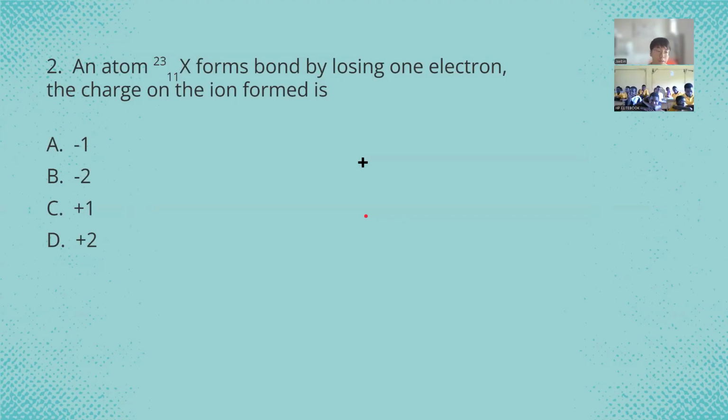Let's look at this question, number 2. An atom, this X atom, forms bond by losing one electron. So the charge of an ion formed is, what happens when it loses one electron?